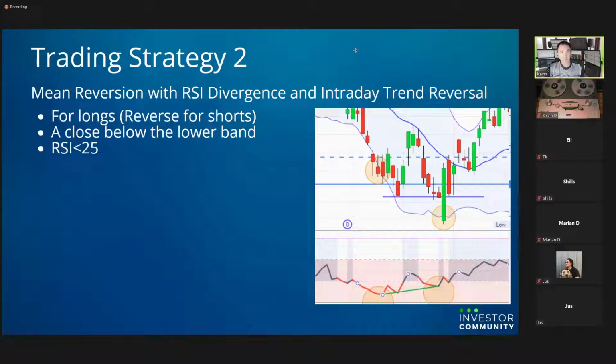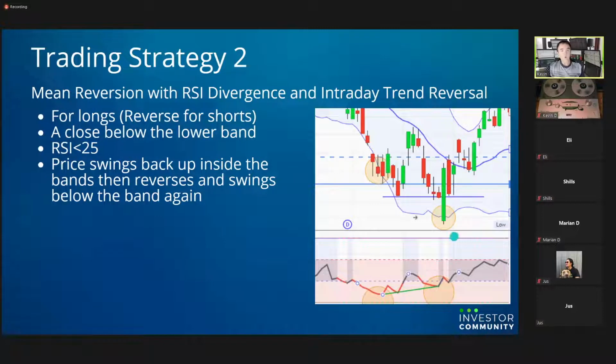Next step, the RSI is below 25. Okay, this is the RSI down here in the bottom pane. We don't actually know what this number is, but I can tell you that it's around 25. Next step: price swings back up, or price moves back into the bands.